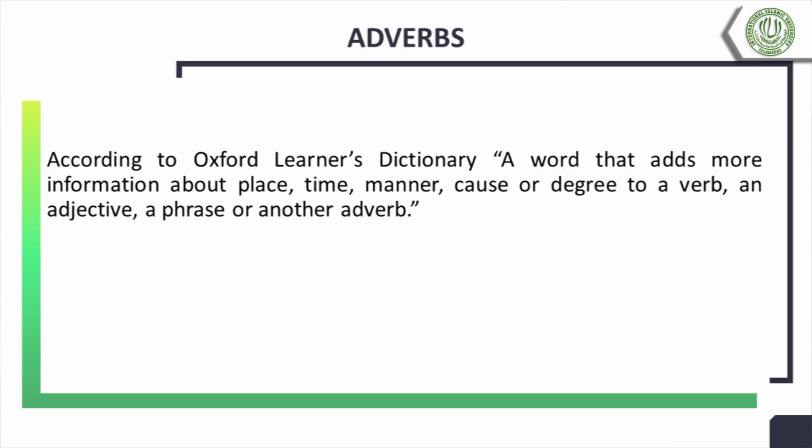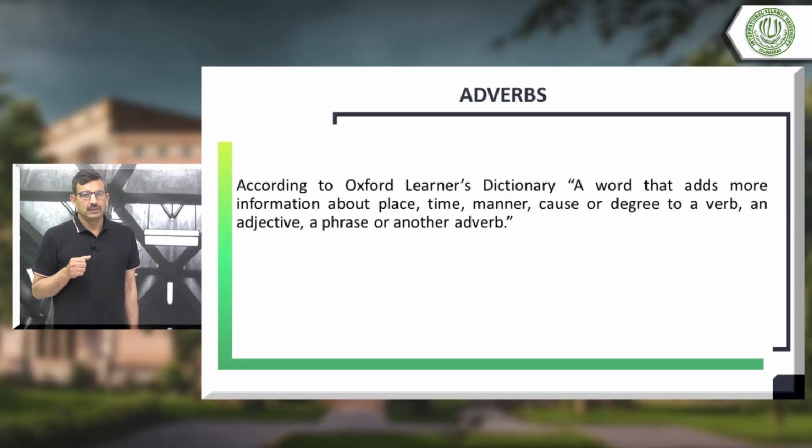First, let us start with the definition of adverb. According to Oxford Learner's Dictionary, an adverb is a word that adds more information about place, time, manner, cause or degree to a verb, an adjective, a phrase or another adverb.